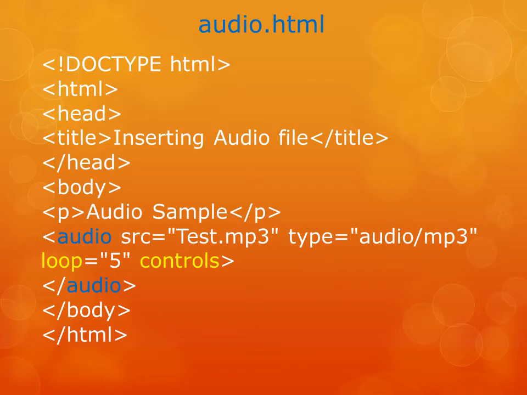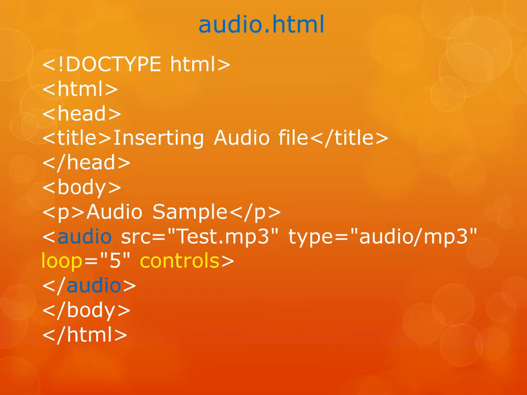The first part of this program contains the audio file. It starts with all the basic HTML tags. Then in the body tag, first write audio sample in a paragraph, or you can write it within an h1 element. Then next is the syntax for audio file insertion.